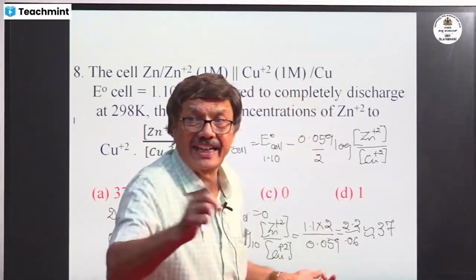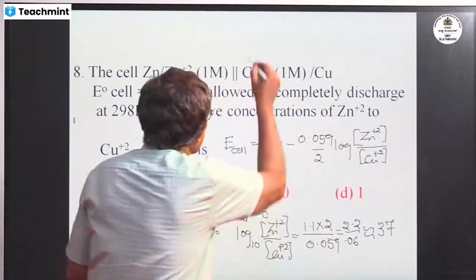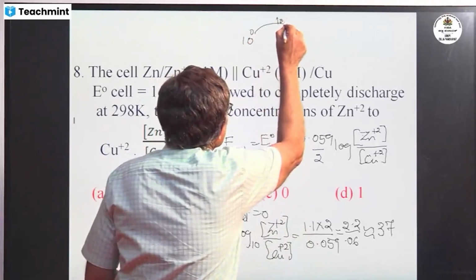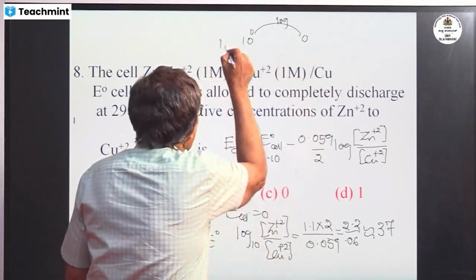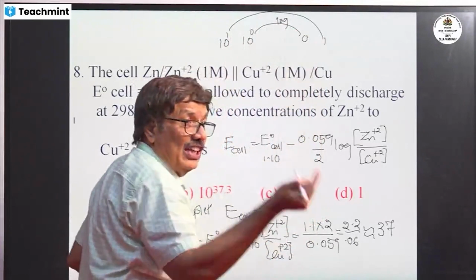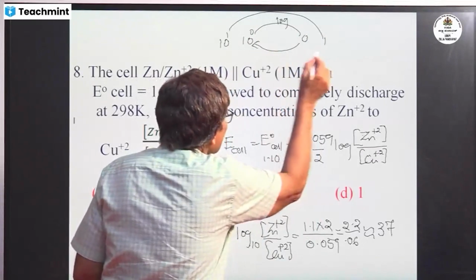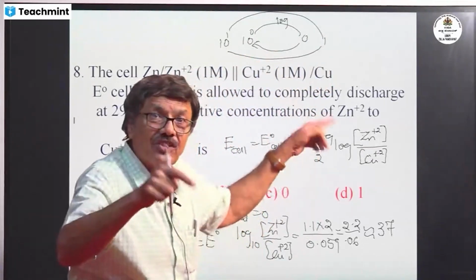Now I shall tell you the log antilog relationship. 10 to the power 0, log of that is 0. Log 1 is 0. 10 to the power 1, log of 10 to the power 1 is 1. So the antilog of 0 is 1, and the antilog of 1 is 10 to the power 1.